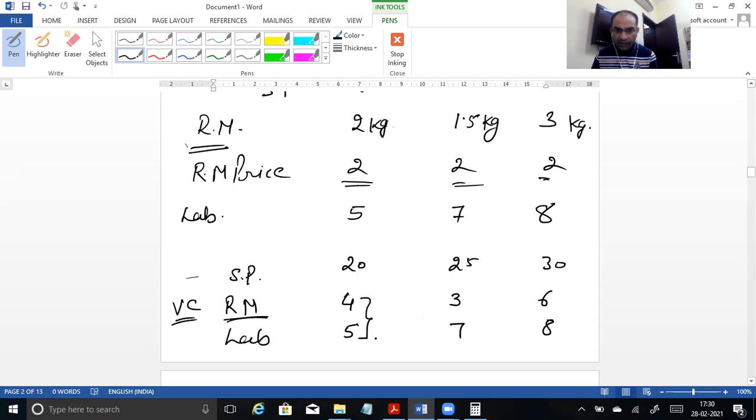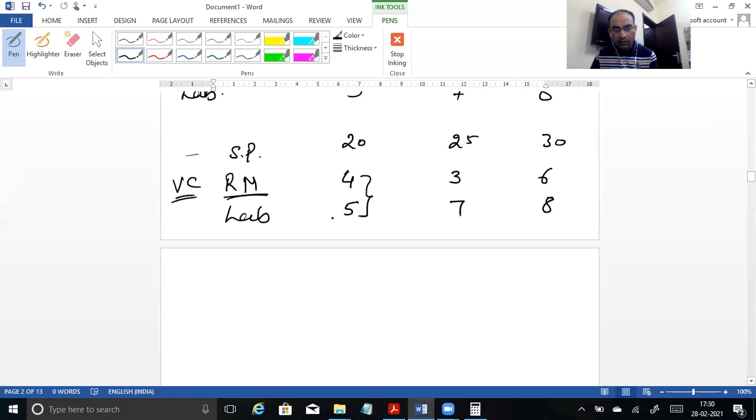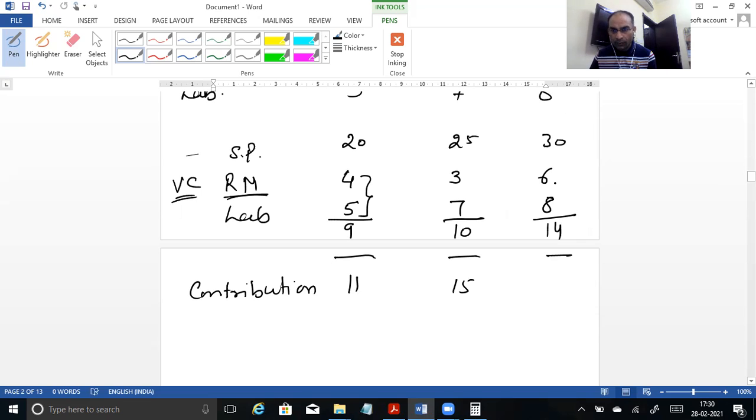So how much is my total variable cost? In case of product A, my total variable cost is 9. Here my total variable cost is 10. Here my total variable cost is 14. So how much contribution am I getting? Here 11, here 15, here 16. If you simply see this contribution, you will say product C is giving maximum contribution, so product C is more profitable.